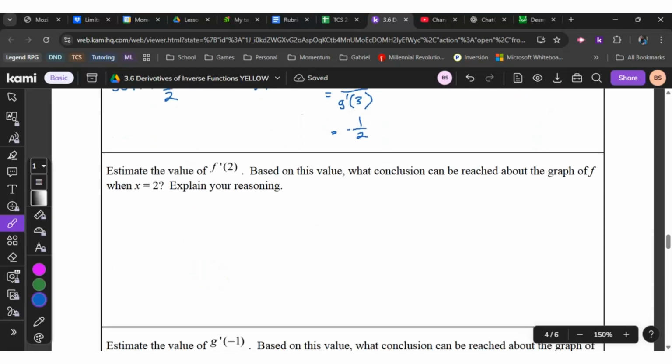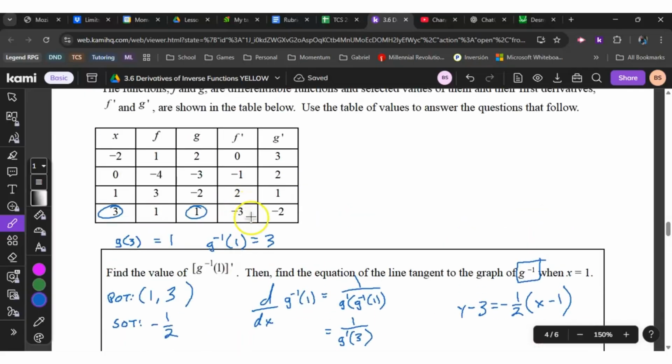Anyways, like I said, I studied history. All right. So now let's estimate the value of f prime of 2. What conclusion can we make about the graph of f when x equals 2? So remember, whenever we're estimating, usually we're using a secant line or a tangent line. Those are the two ways we've done it. This time we're going to do a secant line, y2 minus y1 over x2 minus x1.